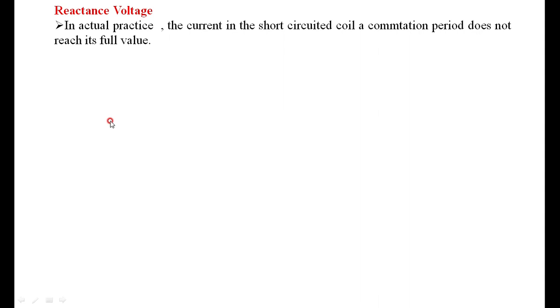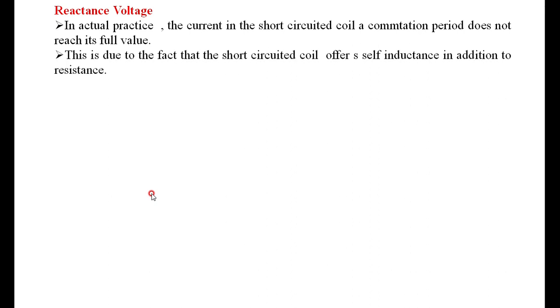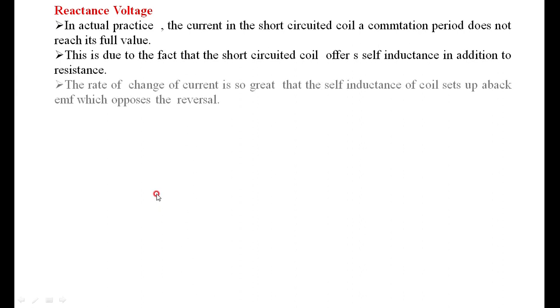In actual practice, the current in the short circuited coil during the commutation period does not reach its full value, because the short circuited coil offers self-inductance in addition to resistance. Because of the change in the current, the self-inductance of the coil sets up a back EMF which opposes the reversal of current in the coil.